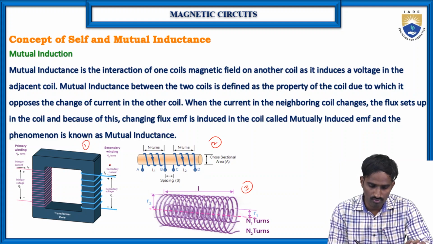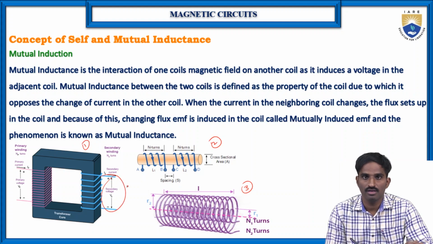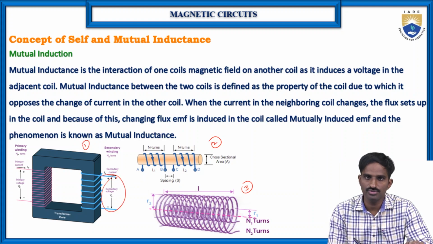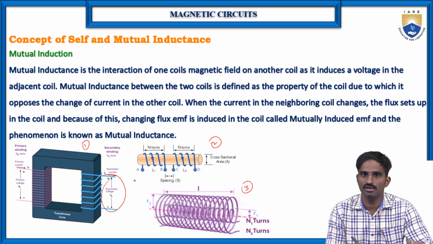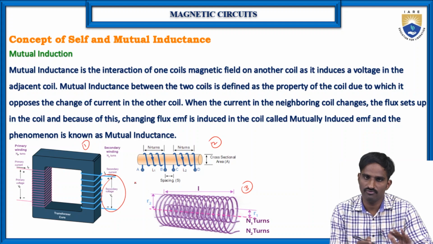According to mutual inductance, the voltage induced across the secondary coil is due to the current flowing through the primary coil, or the change of current in the primary coil, and vice versa.